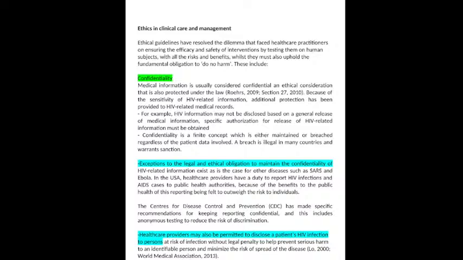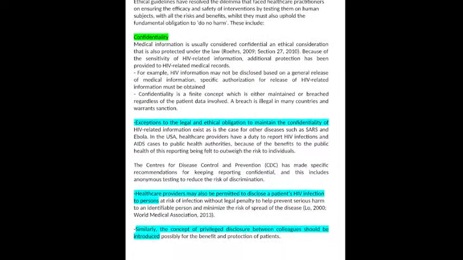This information is very sensitive, so somebody cannot just pick the information and distribute it to people. For example, HIV information may not be disclosed based on the general release of medical information. Specific authorization for release of HIV-related information must be given.